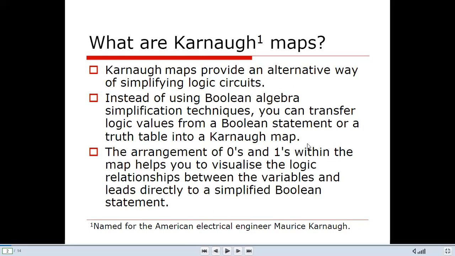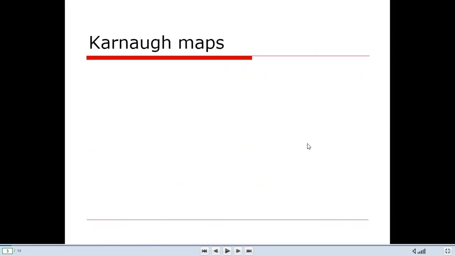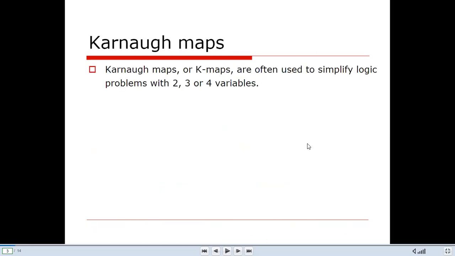The arrangement of zeros and ones within the map helps you to visualize the logic relationship between the variables and leads directly to a simplified Boolean statement. So Karnaugh maps or K-maps are often used to simplify logic problems with 2, 3, or 4 variables.